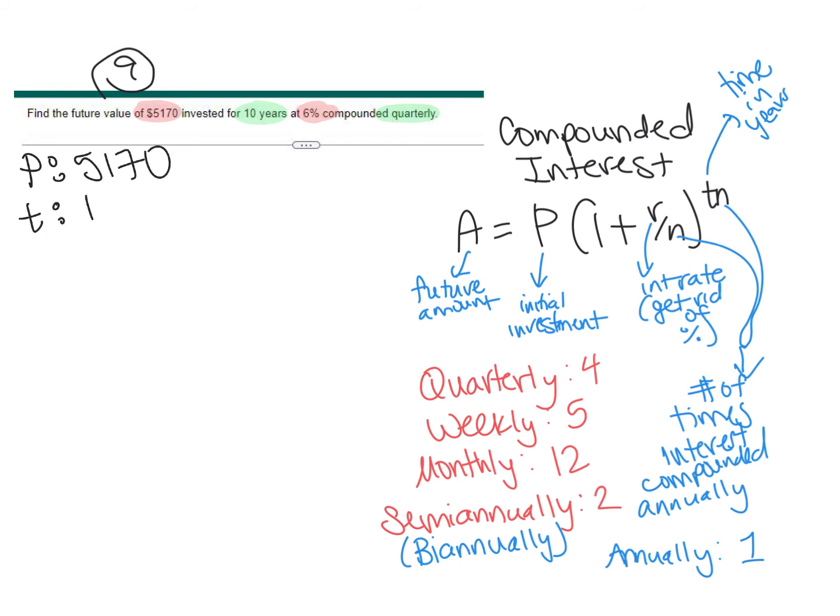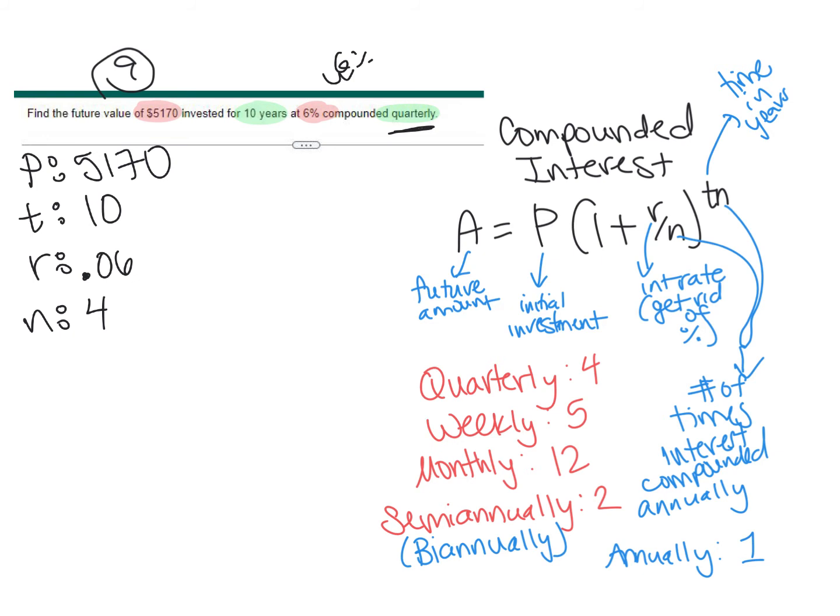My time is 10. My interest rate is 6%, but if I move that to the left too, it's 0.06. And then N, since they gave us the word quarterly, is 4. Okay, now I'm ready for the formula.